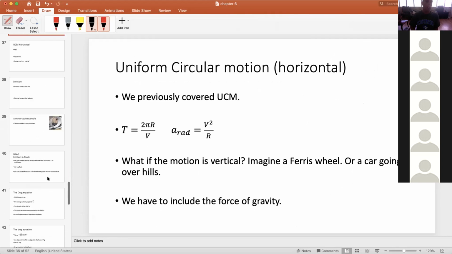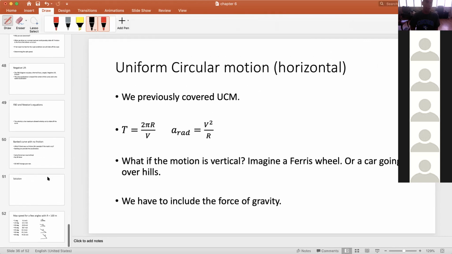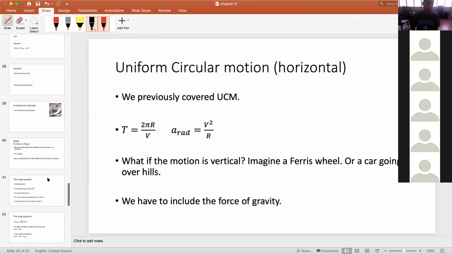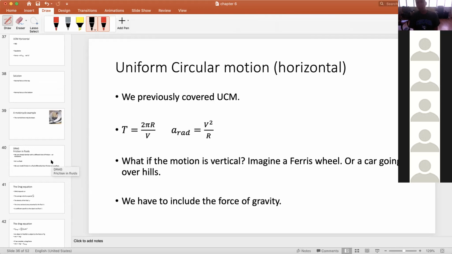I want to talk really fast about some fun stuff. Since we're almost done, the rest of this chapter will not be on the exam, but it's worth knowing. So uniform circular motion, we already talked about it before, like twice, but we kept assuming that it was going in basically a horizontal circle.